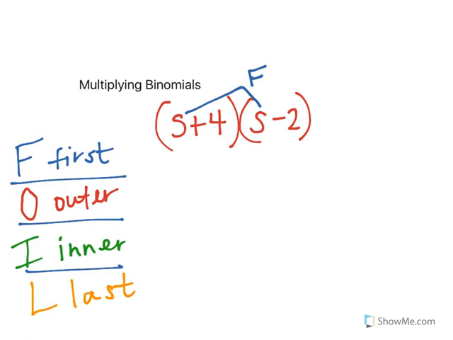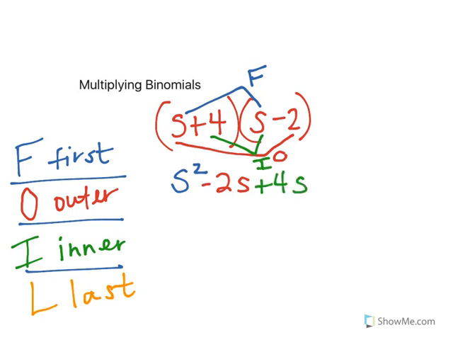So s times s would be s squared, and then outer would be s times negative 2, and that would be negative 2s, and then inner would be 4 times s, so plus 4s.